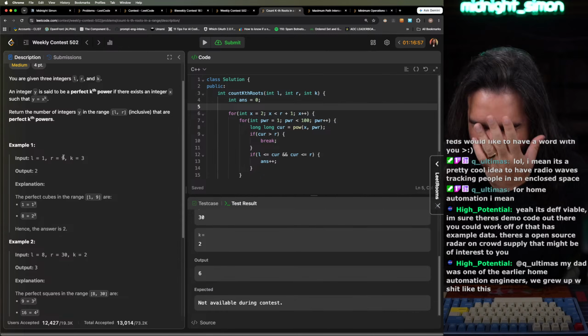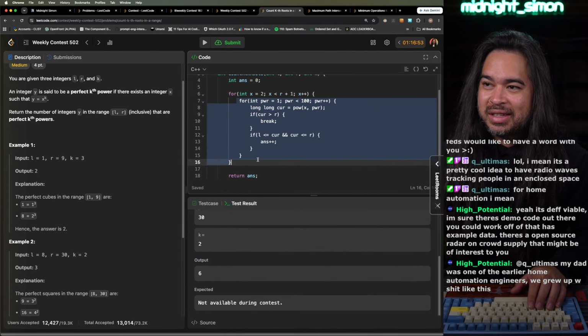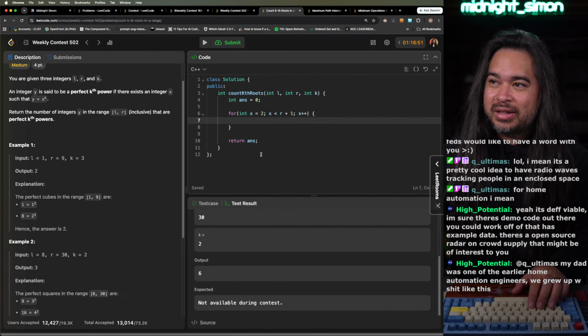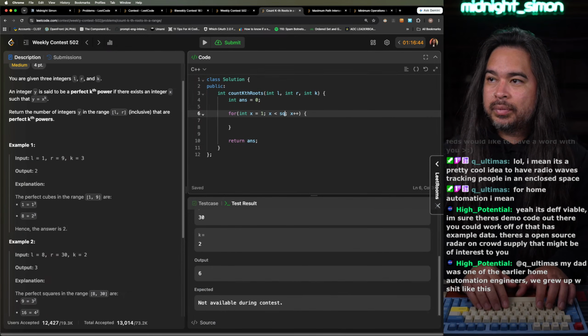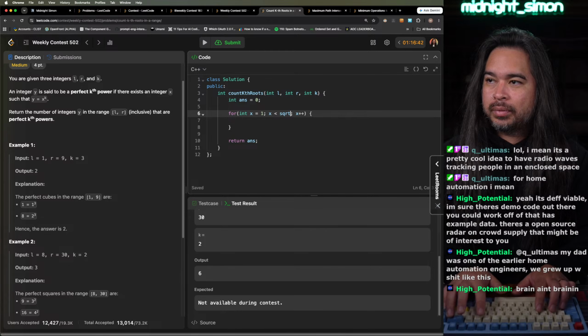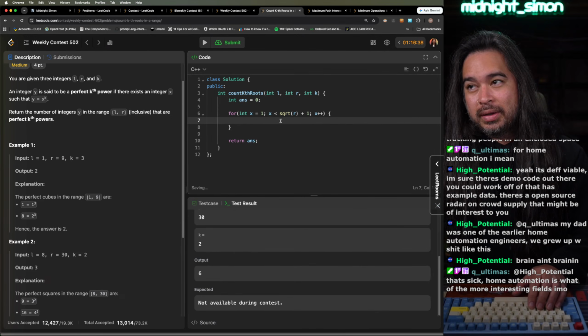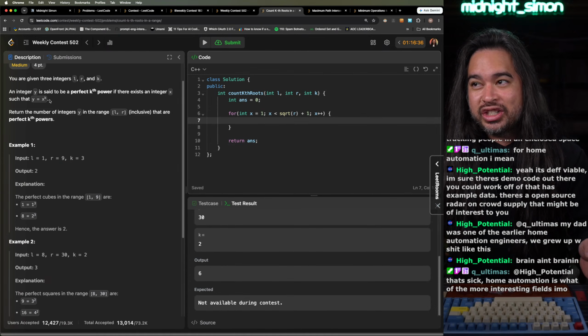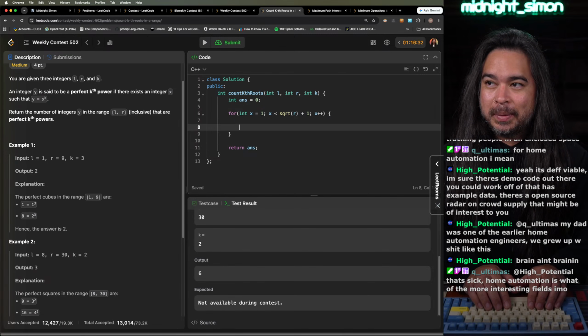Oh, I think I misread this whole thing. Like, it's not just any power. My brain ain't working today, I swear. It's to the kth power. It's not just any old power, man. So I'm gonna have to say, what am I saying, man?